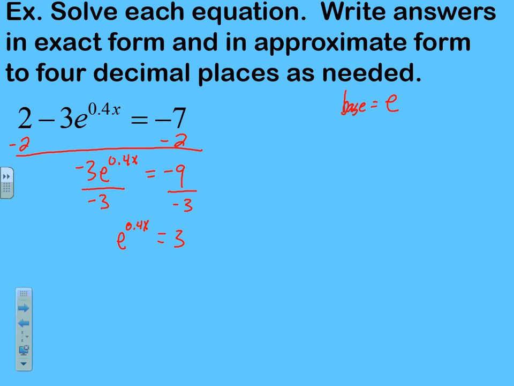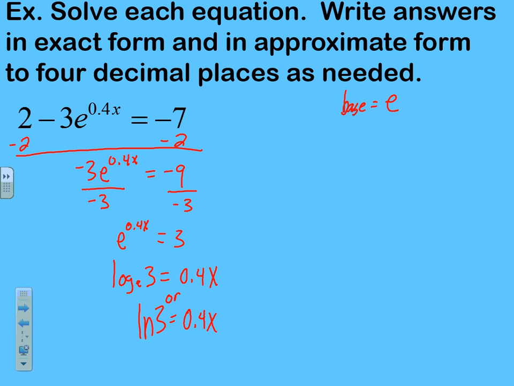Okay, so here we would say log base e of 3 is equal to 0.4 times x, or more appropriately, ln of 3 is equal to 0.4x.